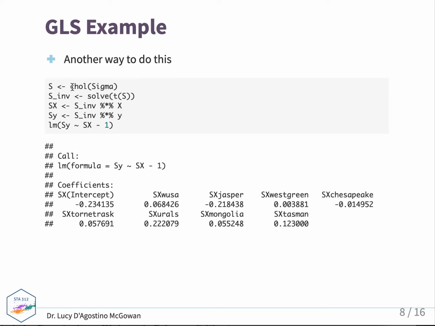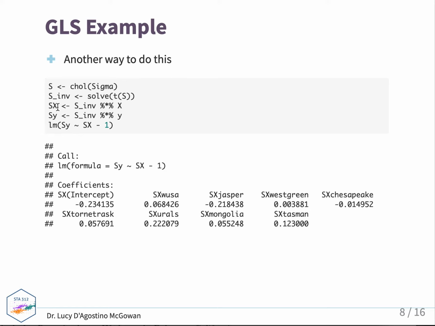There's the Cholesky decomposition, which you can calculate using the chol function in R. That's the equivalent of taking the square root of that sigma matrix. So once you've calculated sigma, you can get S from that. And then, of course, we can get the inverse of S. And then we multiply that inverse times X, and we also multiply that inverse times Y.